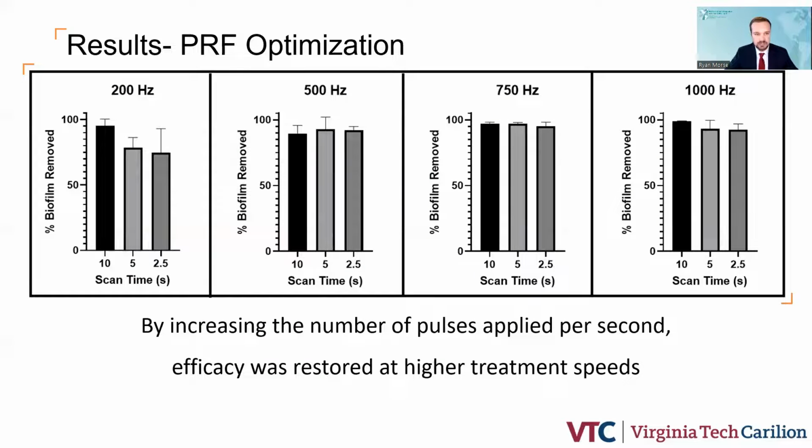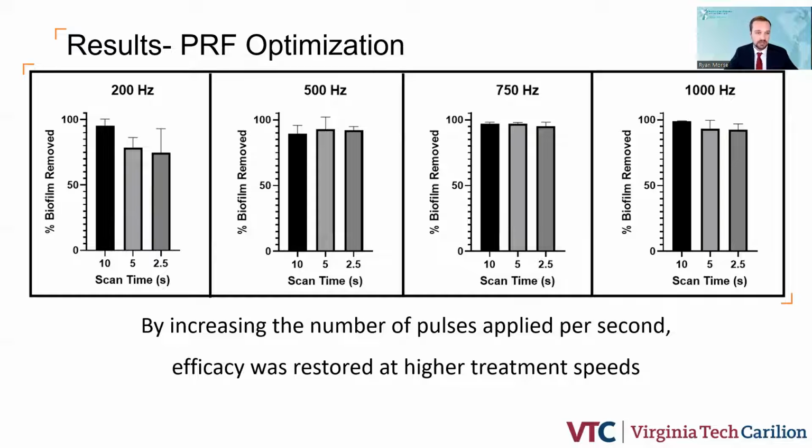Our next series of experiments looked at trying to restore the efficacy of biofilm removal even at these faster speeds by increasing the pulse repetition frequency at which histotripsy is applied. On the graph on our far left here, we can see that we used the 10-second and the 5-second scan times from our previous study, as well as a 2.5-second scan time to see if we could achieve a biofilm removal effect even at faster speeds than previously studied.